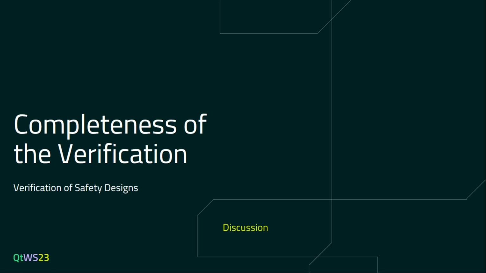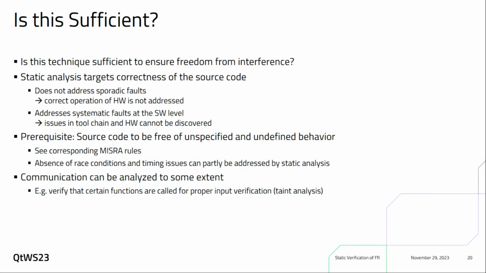And let's talk about how deep this analysis can reach. Is this sufficient to say we have shown freedom from interference, so let's abandon all other measures in the development process? Of course, this is a static analysis considering the source code and the architecture model.